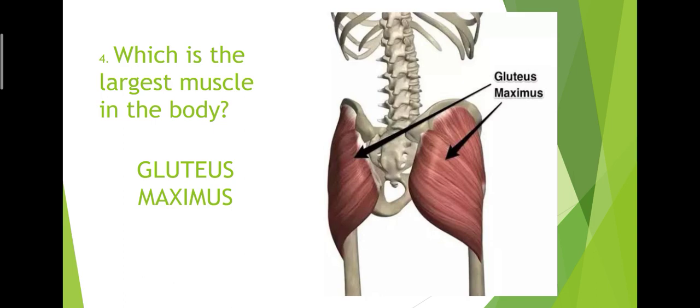It is also known as buttocks. This muscle is very important because it helps our body to stay erect. When we walk, this muscle also plays an important role. So gluteus maximus is the largest muscle of the body.